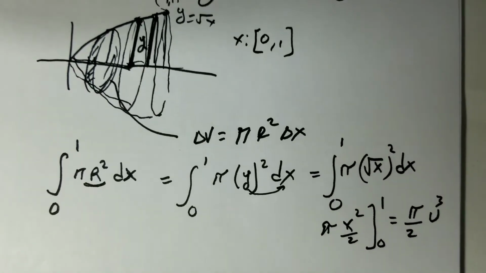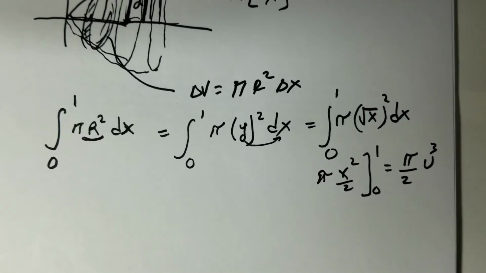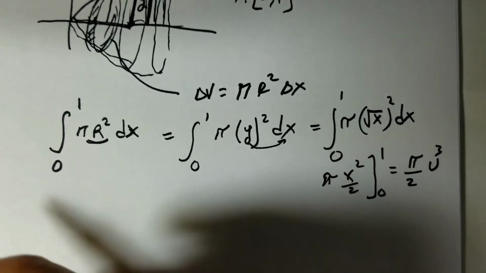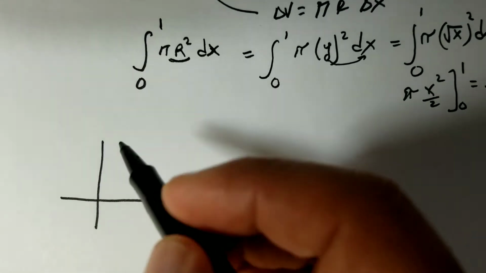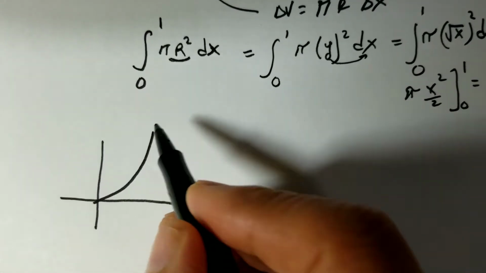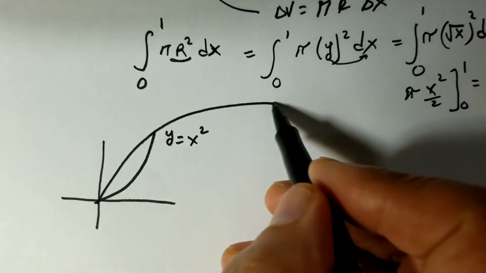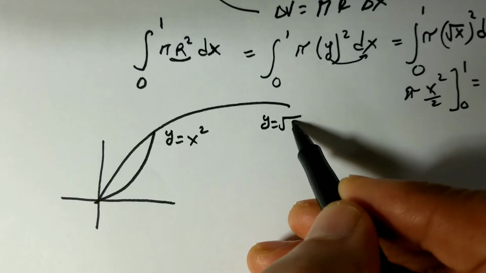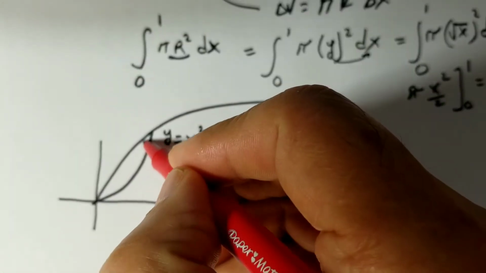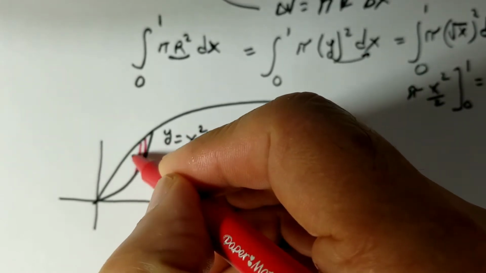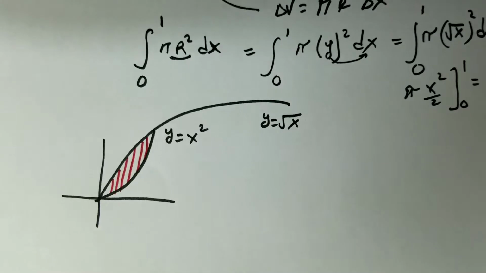Then we moved on to calculus 3, and we did double integrals. We said if you do have a region, and your region is bounded by y equal to x squared and y equal to square root of x, this is your region, and you can divide it by x.